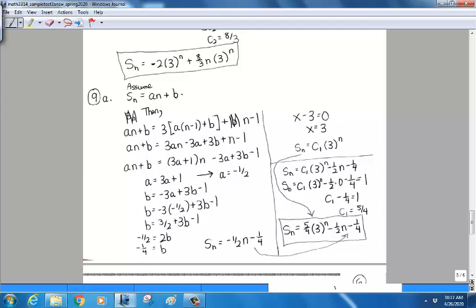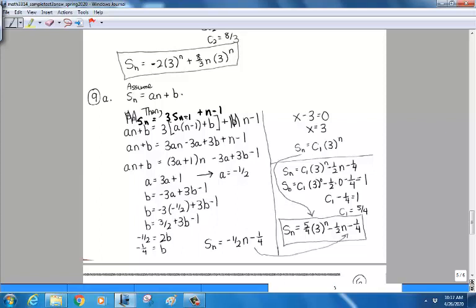Now, you assume that solution, but you have to now compute what a and b are, right? So that's where the recurrence relation comes in, right? Remember, the recurrence relation is S sub n was equal to 3 times S sub n minus 1 plus n minus 1, right? So S sub n, though, you're assuming is a times n plus b. What's S sub n minus 1?